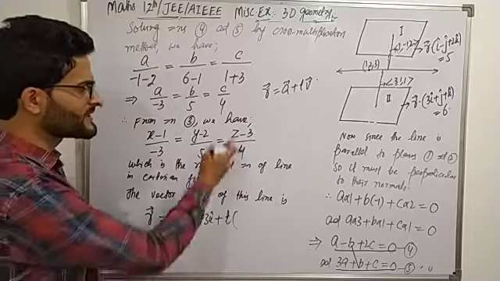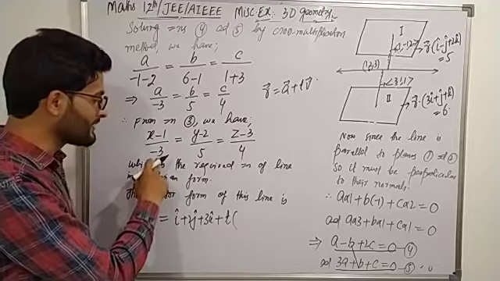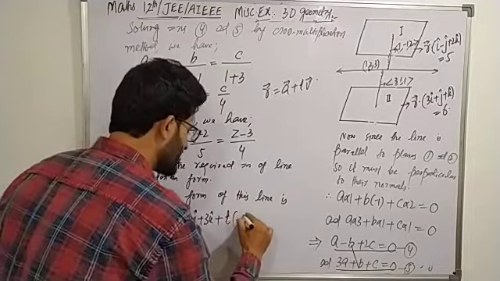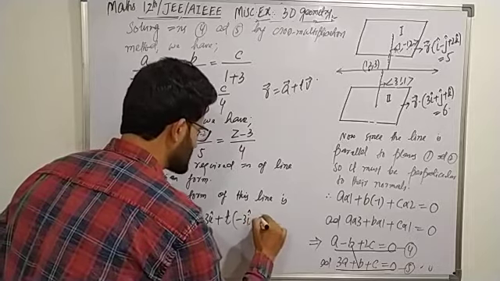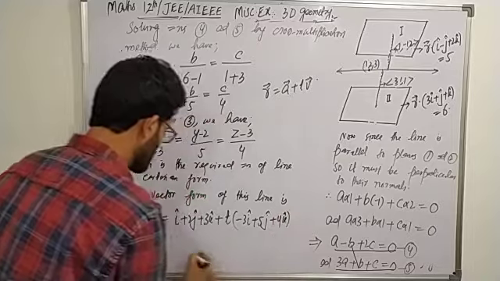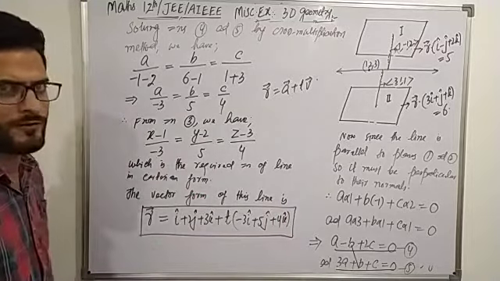V is a vector which is parallel to the line, and the direction ratios of the vector are -3, 5 and 4. So the vector must be -3i plus 5j plus 4k. So this would be the required equation of a line in vector form.